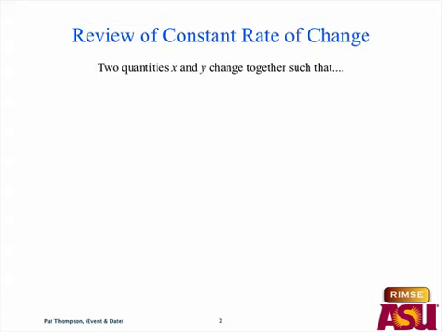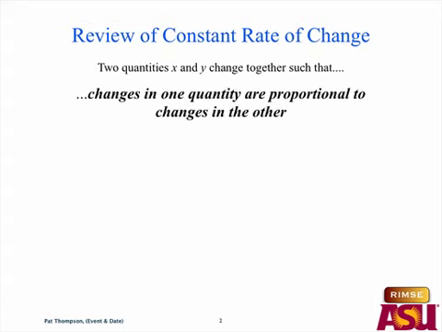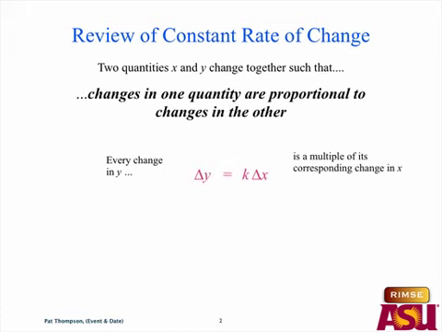So here it is. Two quantities x and y change together such that we've got constant rate of change. Changes in one quantity are proportional to changes in the other. That's what we said. Question number 1 on the quiz. Every change in y is a multiple of the corresponding change in x. And that multiple is called the constant rate of change. And how do we compute it?